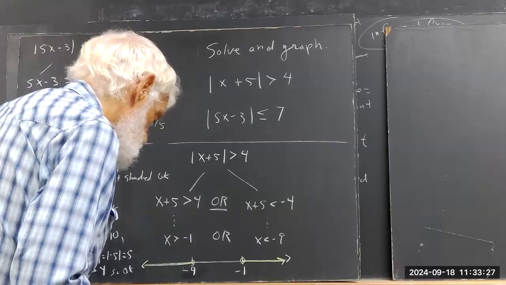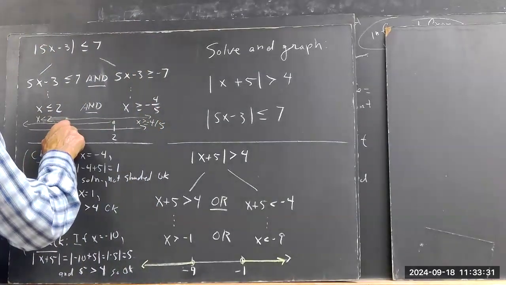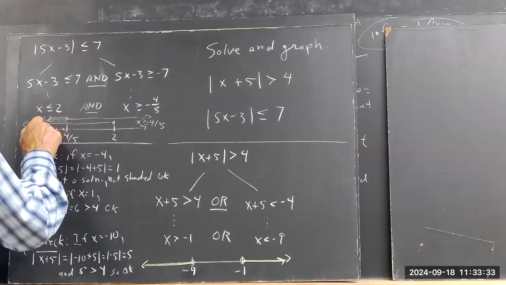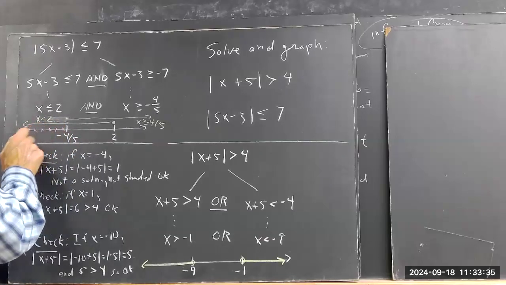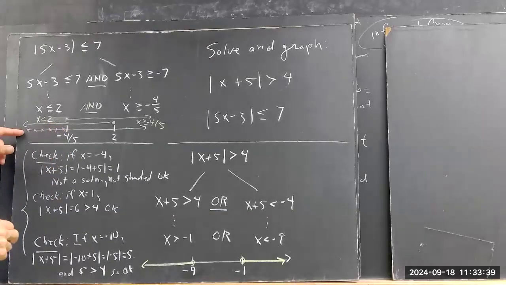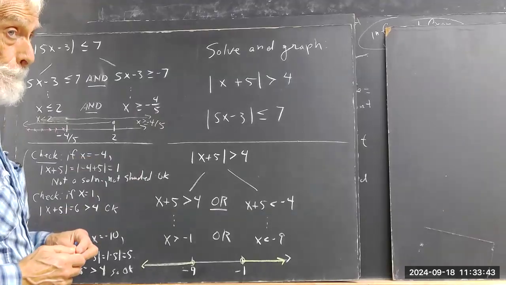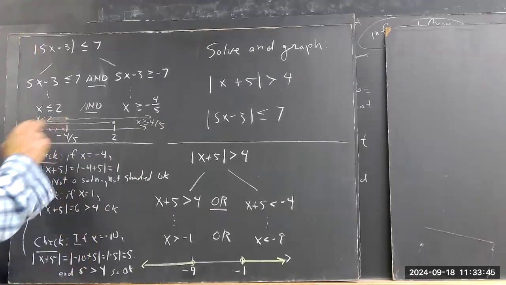Let me get another brick of chalk here. All these numbers are less than or equal to 2, but they're not greater than or equal to -4/5, so we're not going to include them.